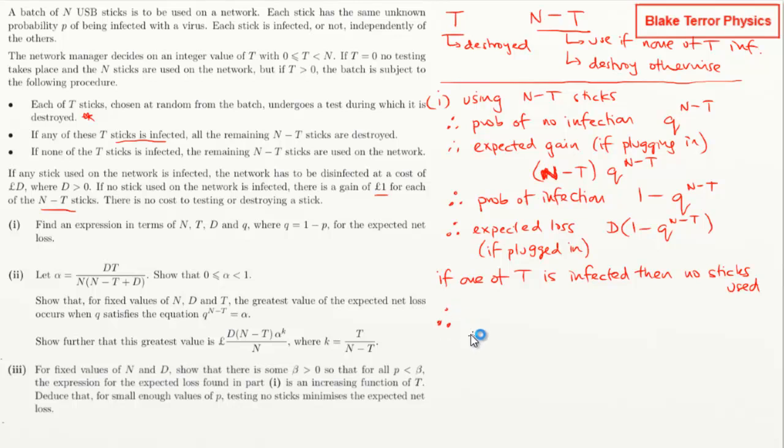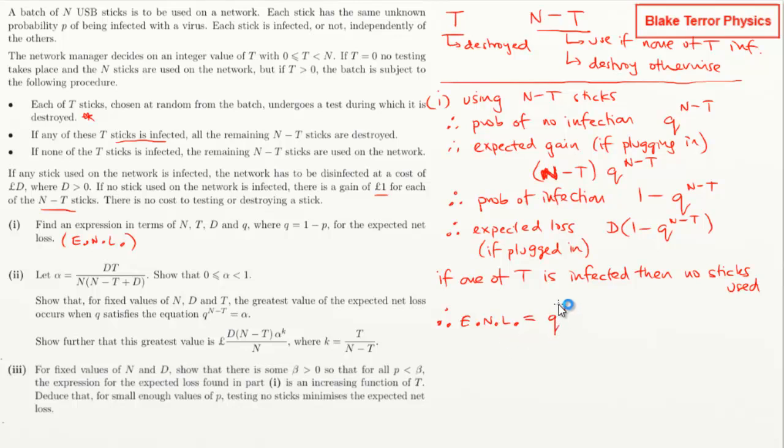Therefore, for the total expected loss, if we want an expected net loss, we want to make the loss positive. So I'm going to call the expected net loss ENL. Our ENL is the probability that we plug in anything at all. That means all of those T sticks that we tested have got to not be infected.